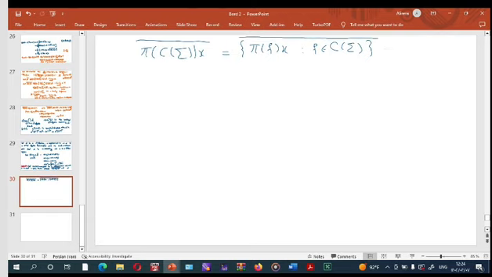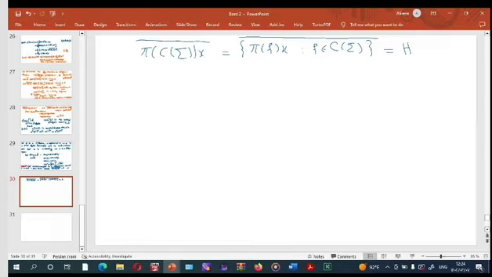If this equals H, then we say that this vector is a cyclic vector. So we must consider all P of f for all f in C of sigma.